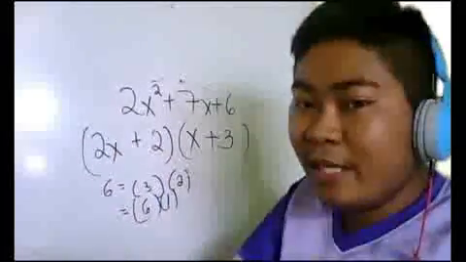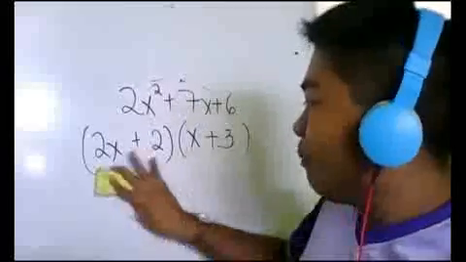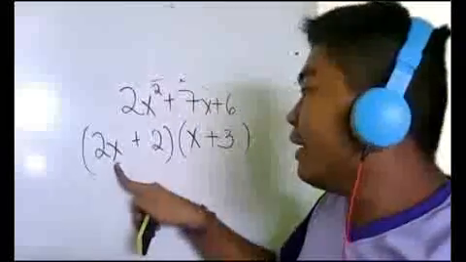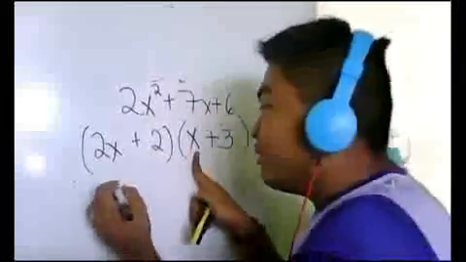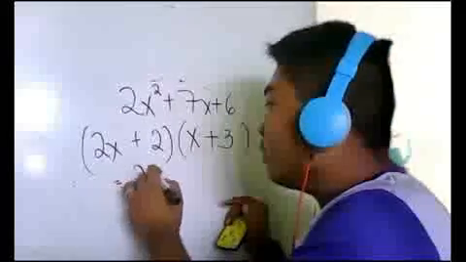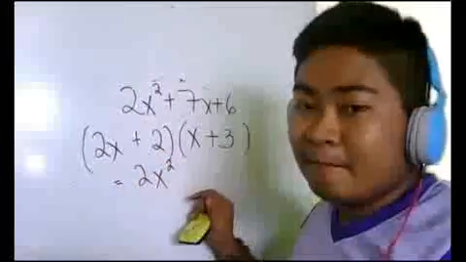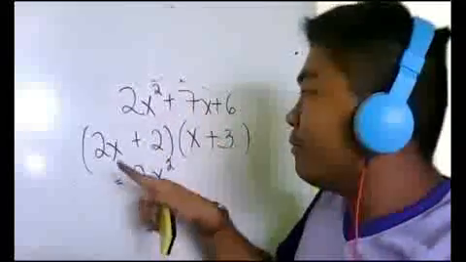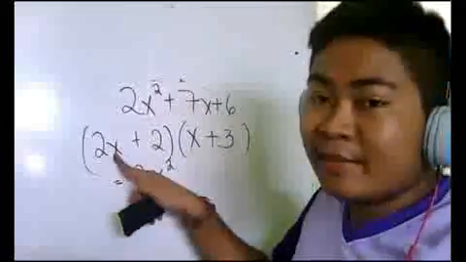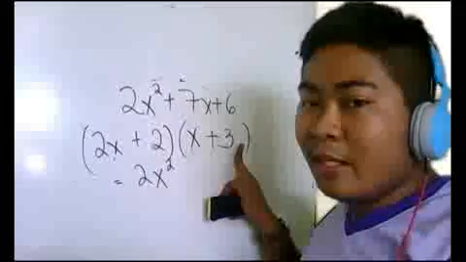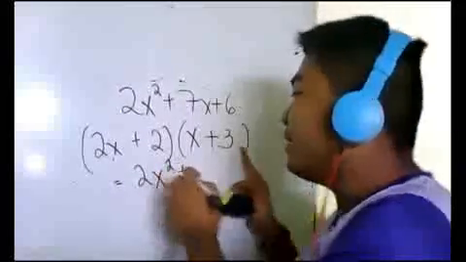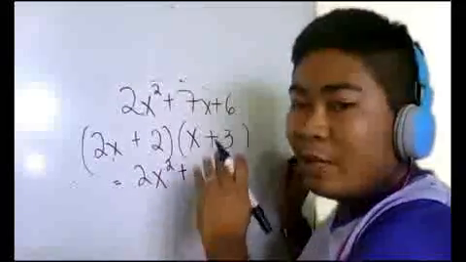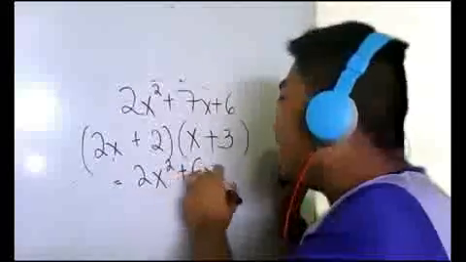So let's try to check kung tama ba yung pinaglagyan natin. 2x times x. That will give us 2x squared. Tama? So yung first term, nakuha na natin. Now the second term and last term. So 2x times 3 is 6x.